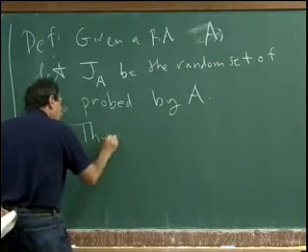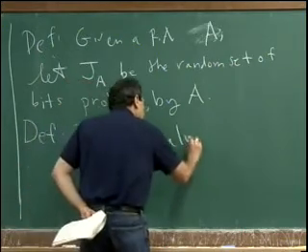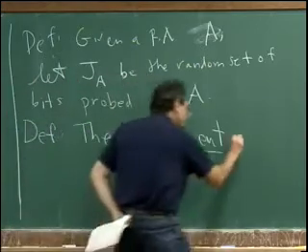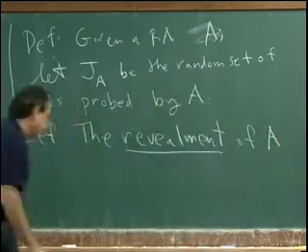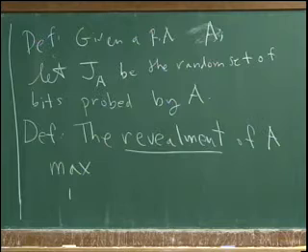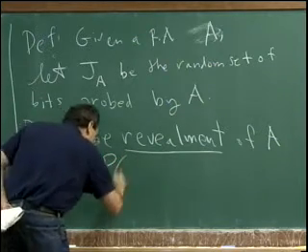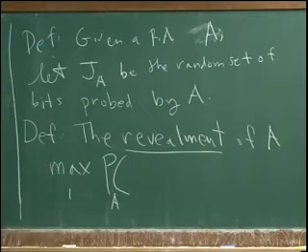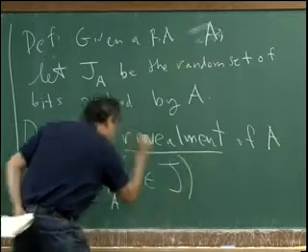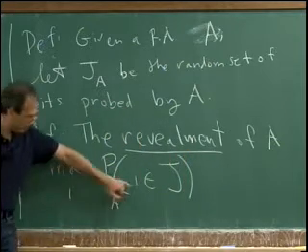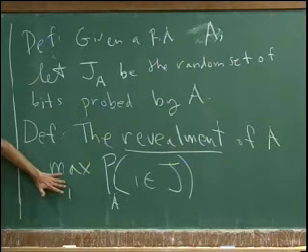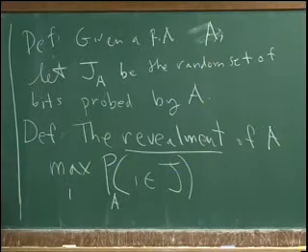So the concept we introduce is called the revealment of our algorithm A. It takes the maximum over all the bits i of the probability, using the randomized algorithm A, that i is in J. This is the probability that the ith bit is asked for by the algorithm, and I take the maximum over all the bits.